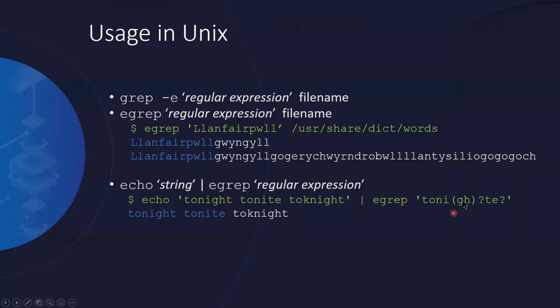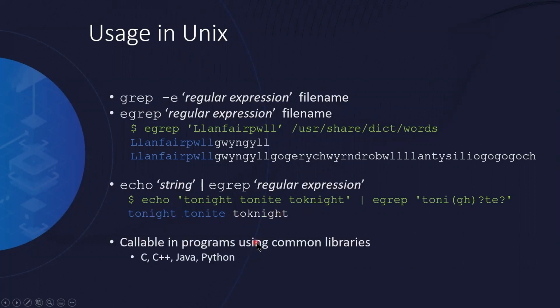And I'm looking for this pattern. So I'm looking for words that begin with T-O-N-I. And I'll explain what these mean a little bit later on. But it's only matched the first two. It hasn't matched the second one. So let me explain a little later what they mean.